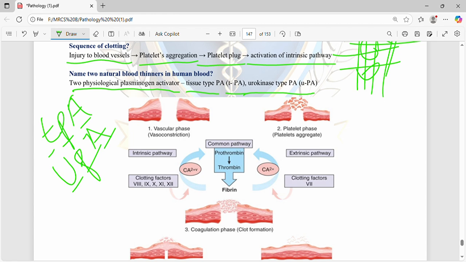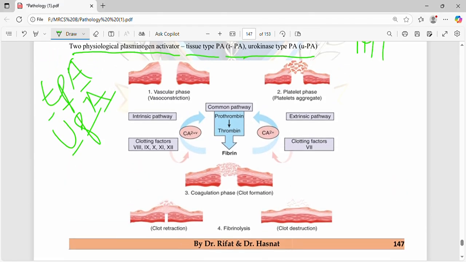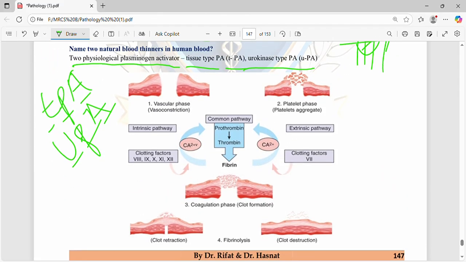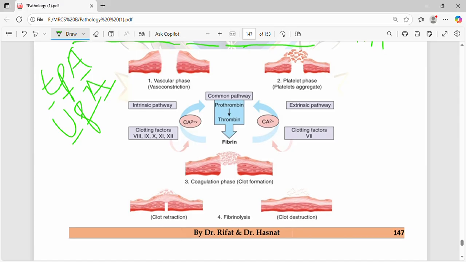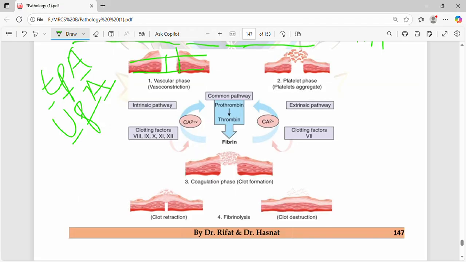This is the end of this section, but since we have two minutes, we can go through this. This is a vascular wall and there is a break in it. Vasoconstriction will occur first, then platelet aggregation. This will activate the intrinsic pathway: factors 8, 9, 10, 11 and 12.